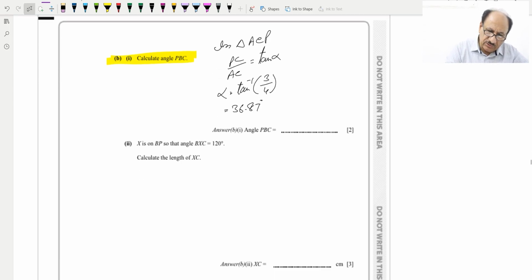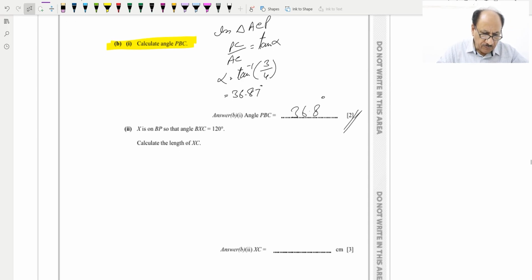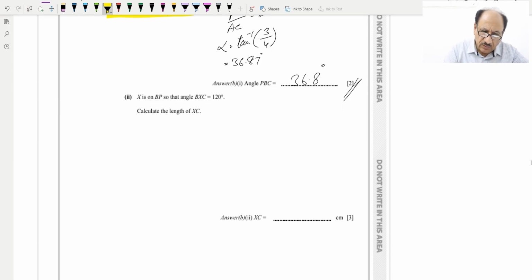Now this answer is 36.87, and they are asking for 3 significant figures. If we have to write 3 significant figures, we will have to write 36.9.